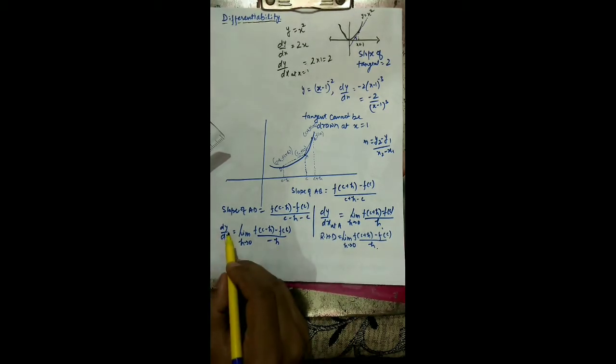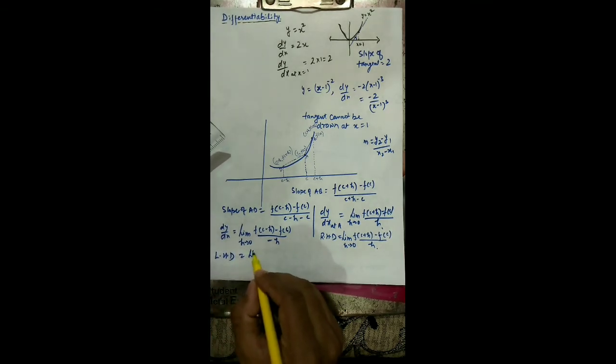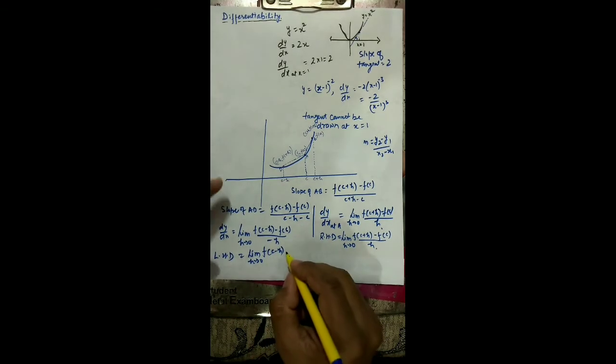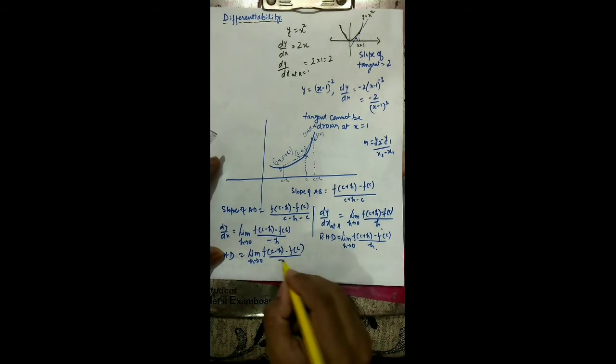So this is actually your left hand derivative. The limit, h tends to 0, f(c minus h) minus f(c) upon minus h.